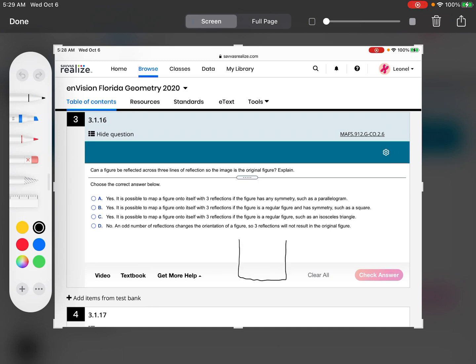So let's say you have a square. There are lines of reflection that you can use that actually make the square sort of land on top of itself. So for example, if you draw a line right through the middle here, then this point on the bottom right will be reflected over to this side. Notice that it started on top of the square and landed back on top of the square.